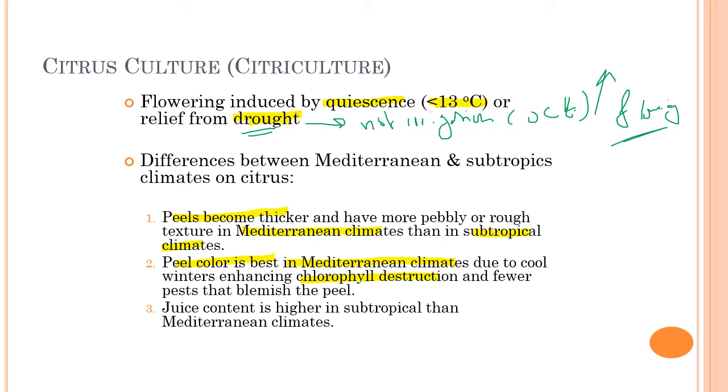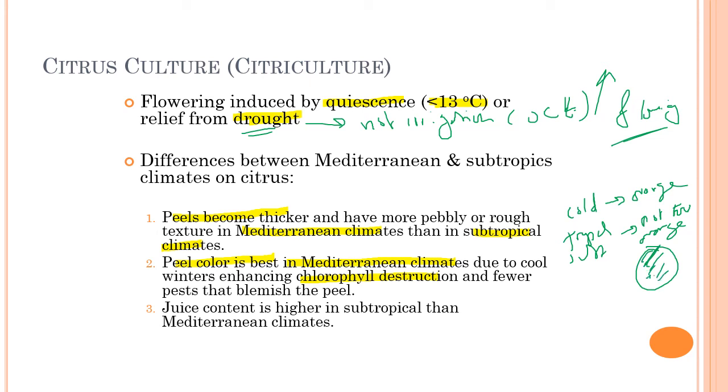That means if it is cold, then it's going to be orange. If it is tropical or subtropical, the skin of the fruit is not going to be very orange. They become patchy, the skin becomes a little bit green with very little orange.